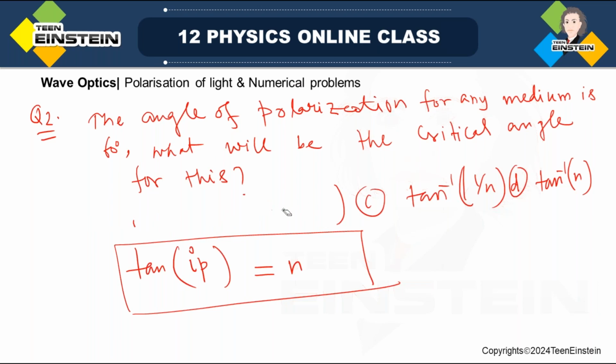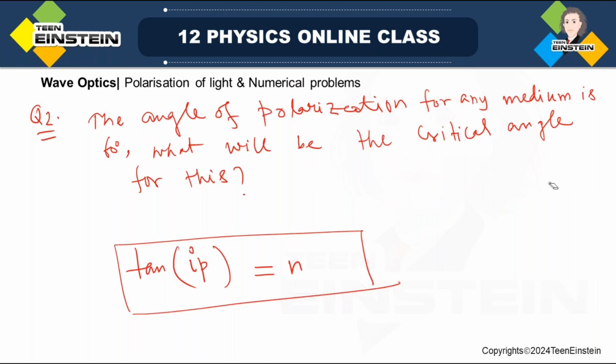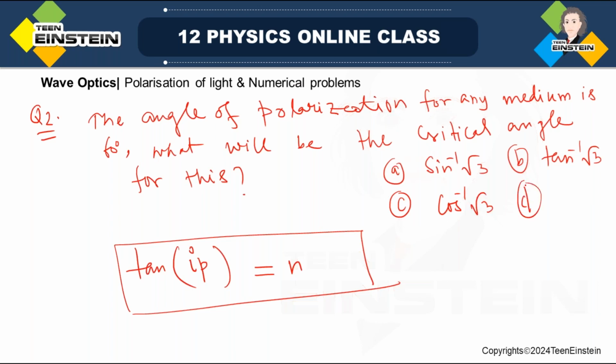Options are given as follows: A, sine inverse root over 3; option B, tan inverse root over 3; option C, cos inverse root over 3; option D, sine inverse 1 by root over 3. So we have the answer here.